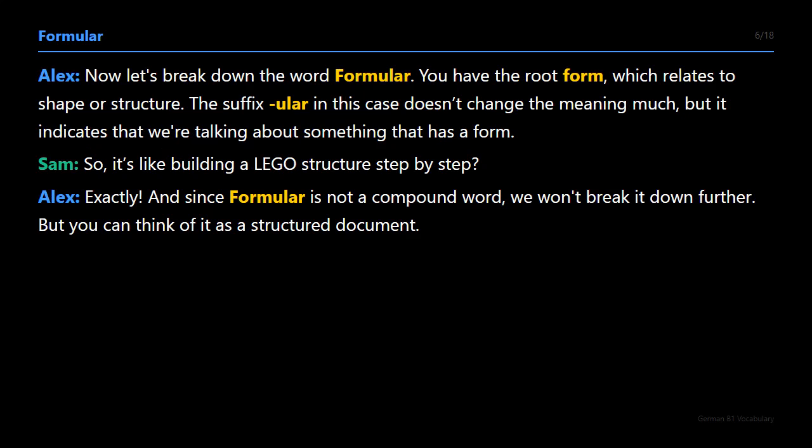So, it's like building a Lego structure step by step. Exactly. And since Formular is not a compound word, we won't break it down further. But you can think of it as a structured document.